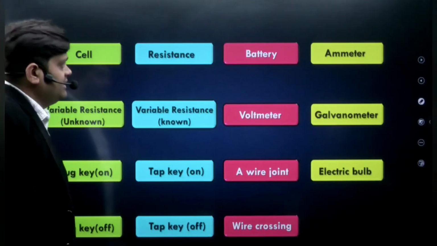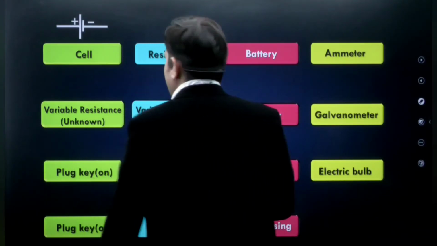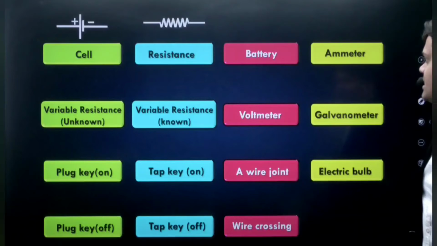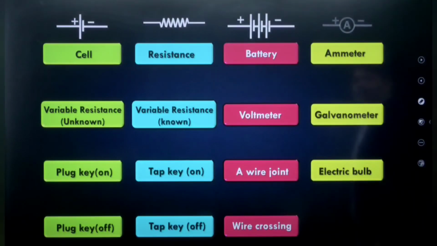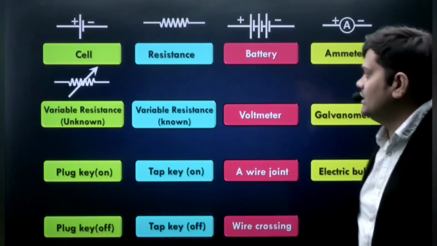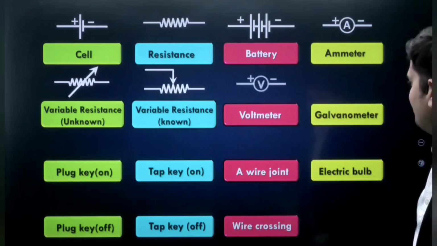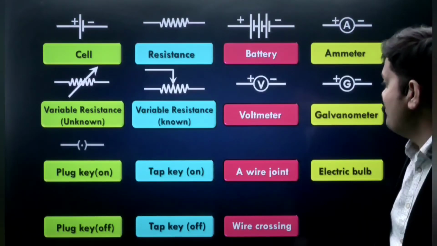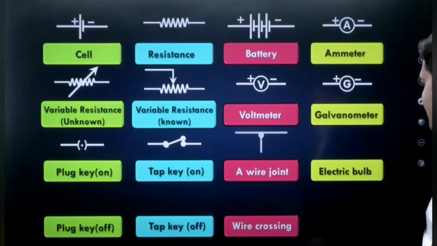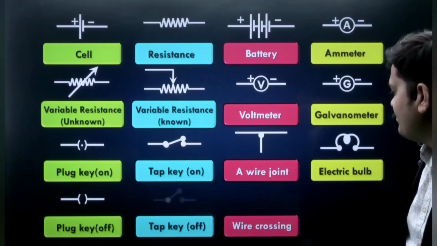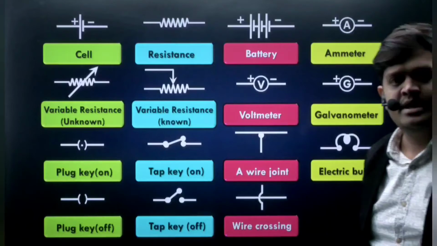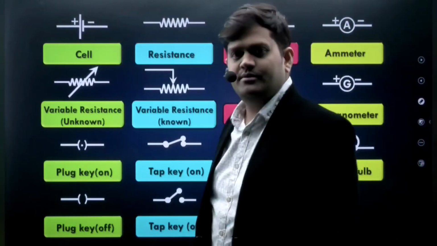The first symbol is the cell, the second is resistance, the third is battery, then the ammeter, the variable resistance, the voltmeter, the galvanometer, plug key, tap key, wire joint, electric bulb, and wire crossing. These are the symbols which are used.